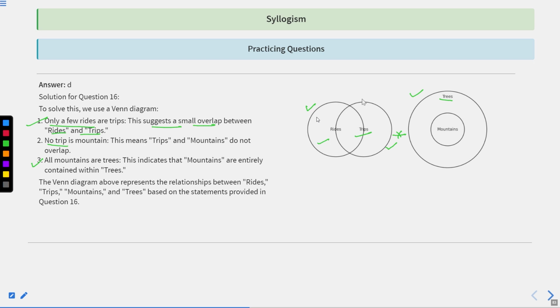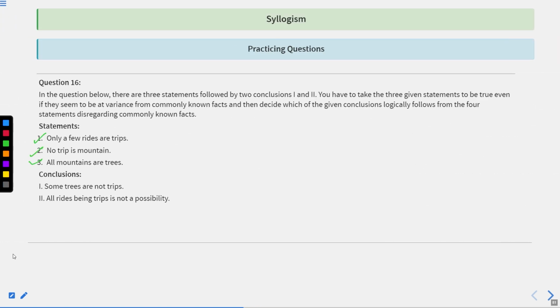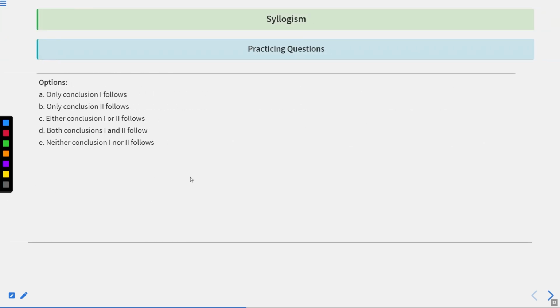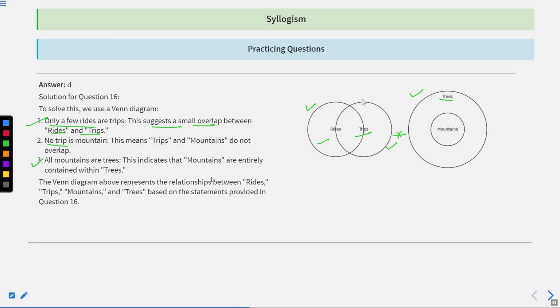Now the conclusions need to be understood. Conclusion number 1 says that some trees are not trips. Is there any relation between trees and trips?